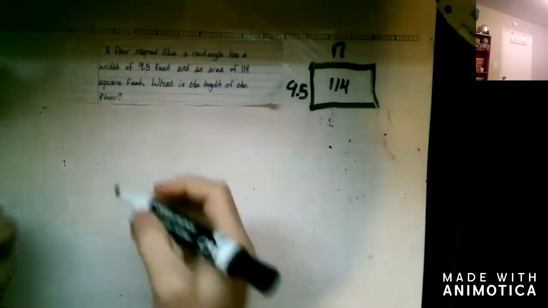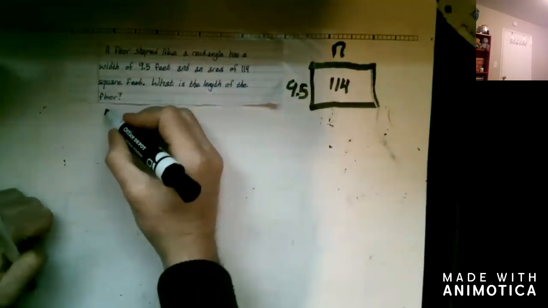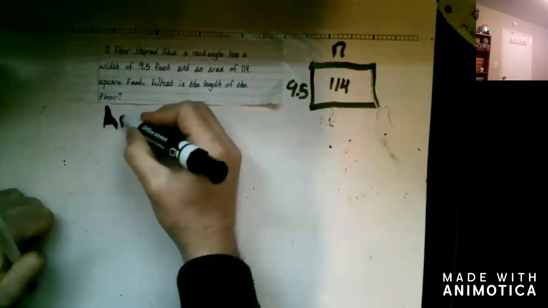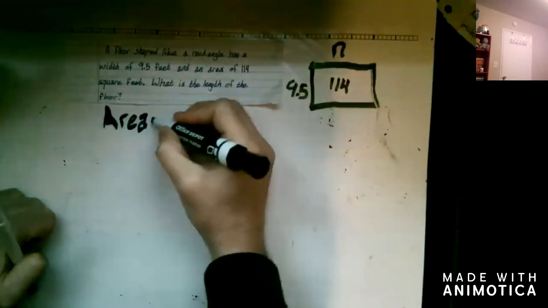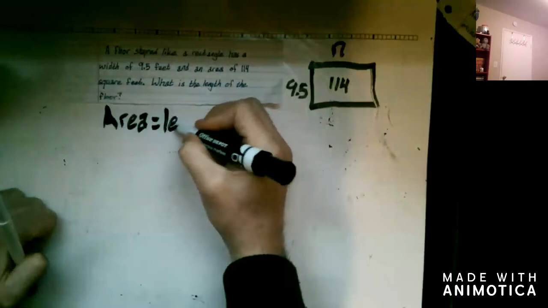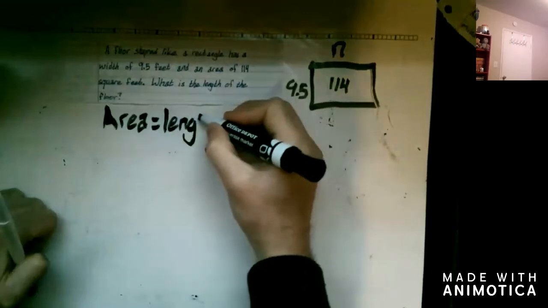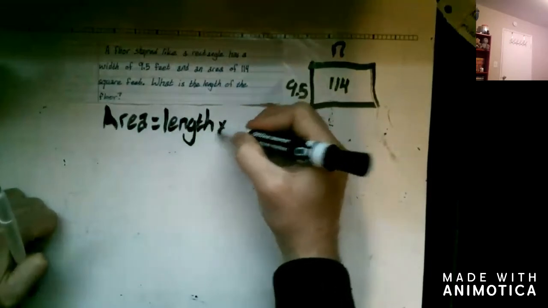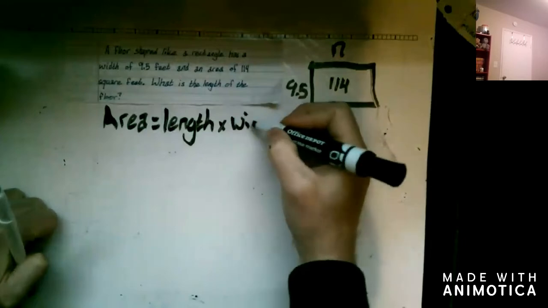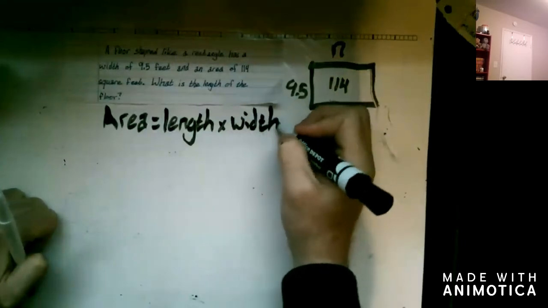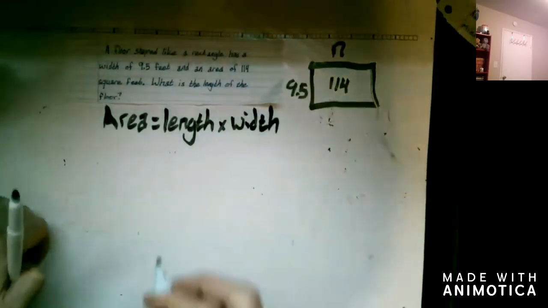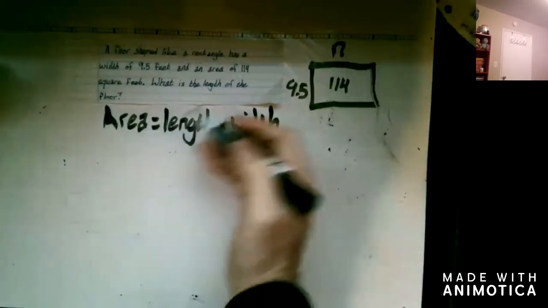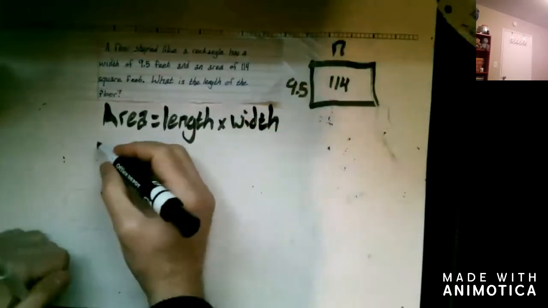We could also just remember that we have learned area equals length times width. And so I can fill in my blanks. Area, I know what my area is. It's 114.